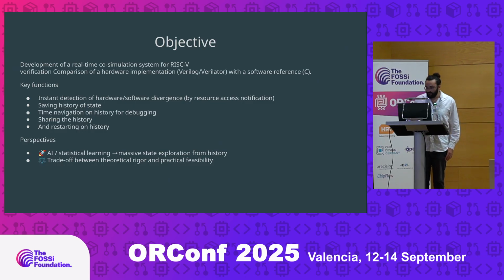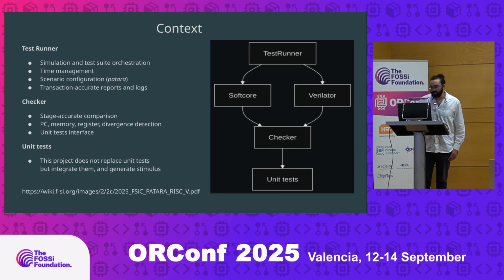The context is primarily a test runner that manages the simulation and configures the scenario. It's a framework presented with a transaction accurate report and log. As you can see, we have a softcore and a Verilog hardcore.